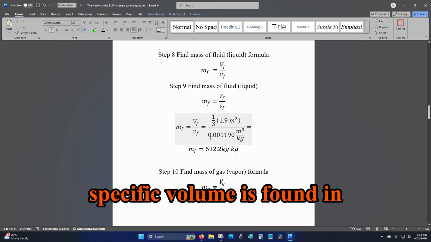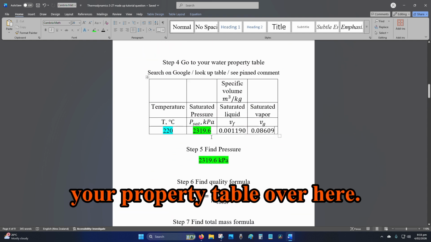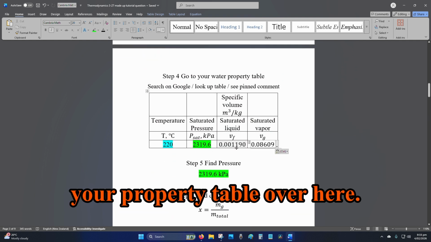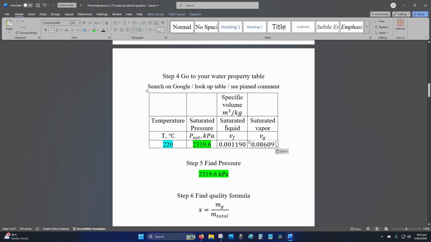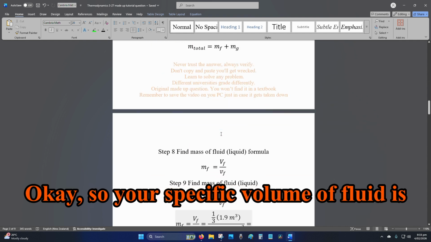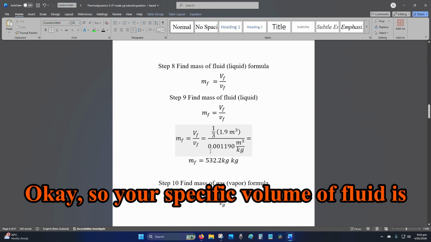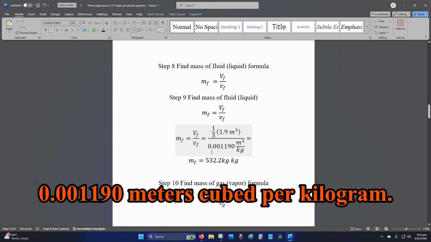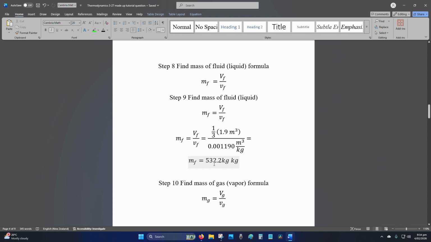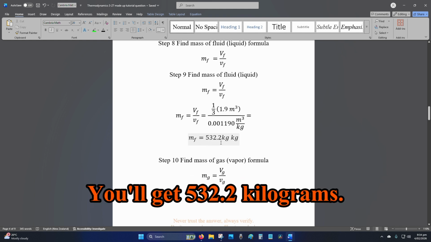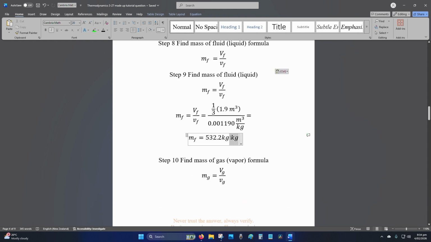And the specific volume is found in your property table over here. Okay. So your specific volume of fluid is 0.001190 meters cubed per kilogram. You'll get 532.2 kilograms.